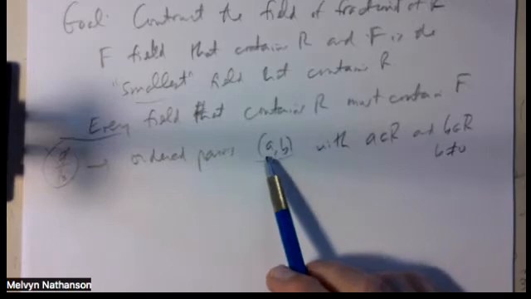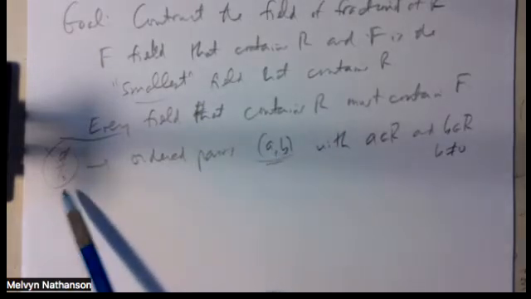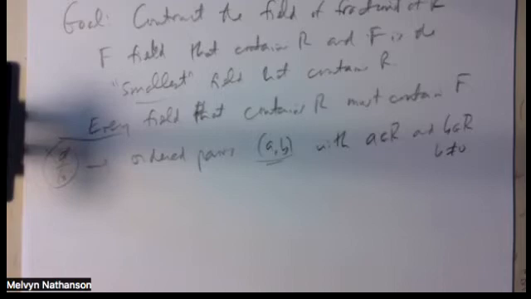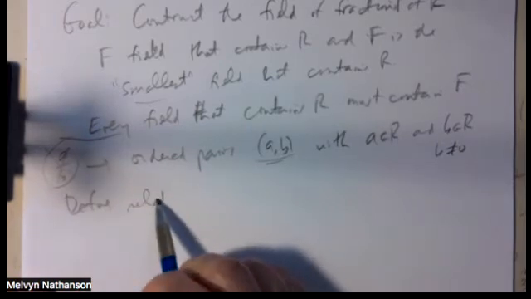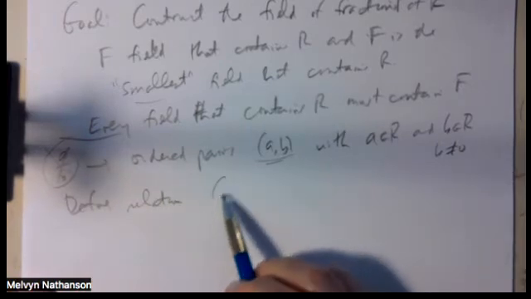So it's going to be the case that A over B is what we're going to call the fraction A divided by B. But we need to deal with the fact that you can represent the fraction in two different ways, like 2 over 4 is the same as 1 over 2. So I want to define a relation on these ordered pairs.